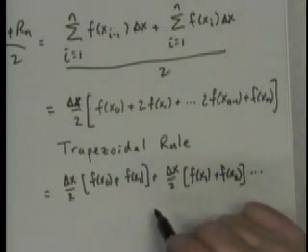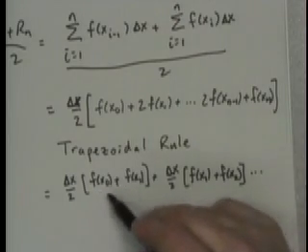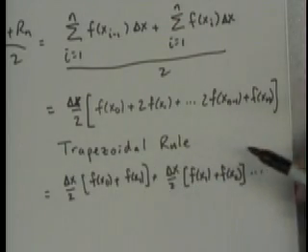This is the formula for a trapezoid. Add the two bases and multiply by the height over 2.